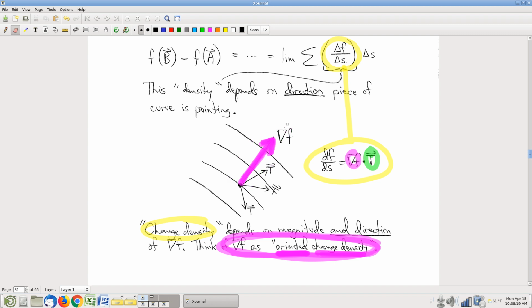When I say that this oriented circulation density does this in the following way, notice it was by a dot product of the oriented change density with your direction vector that gives you your change density.